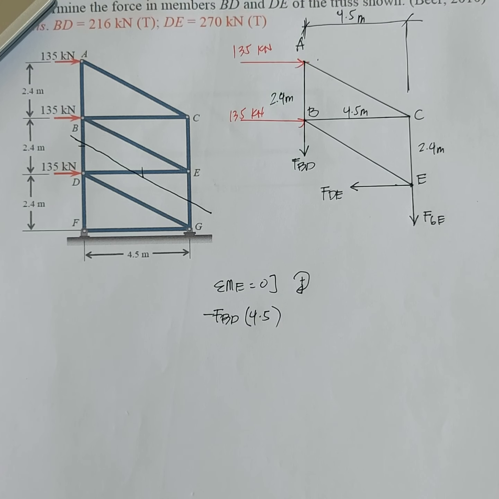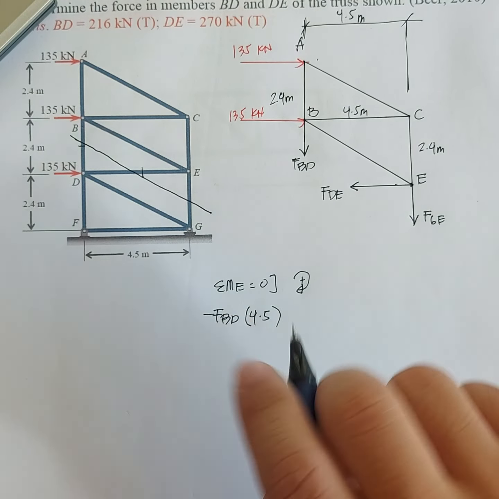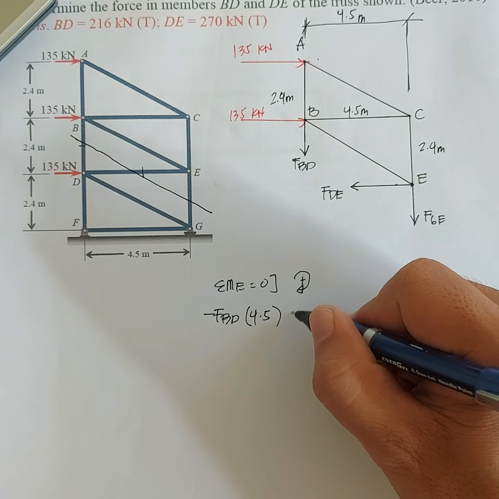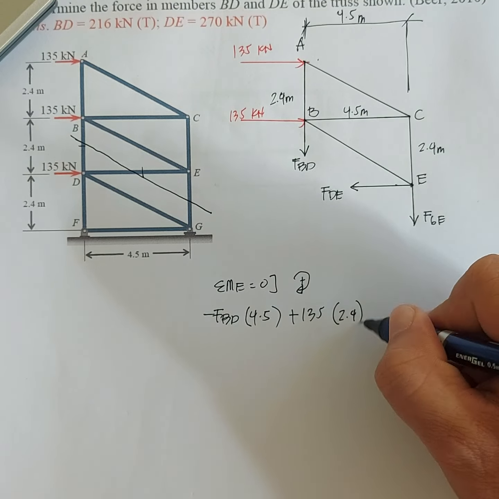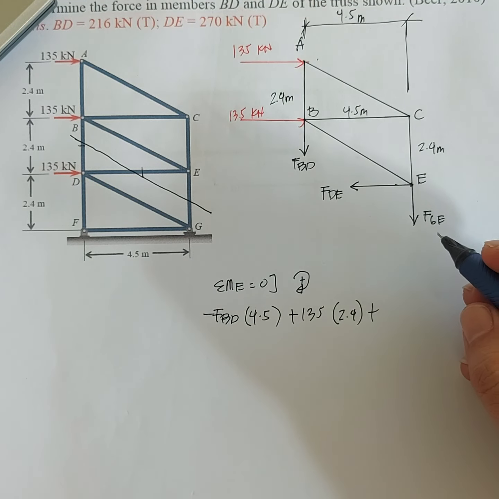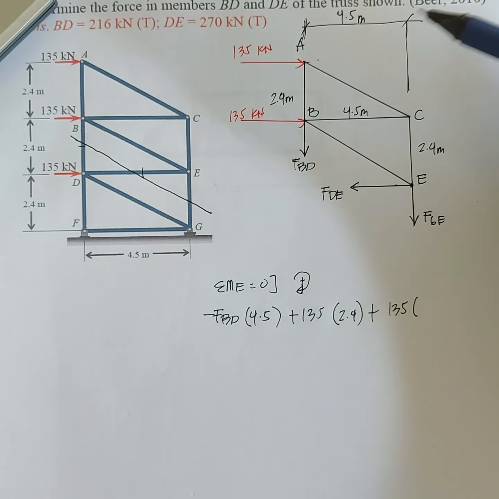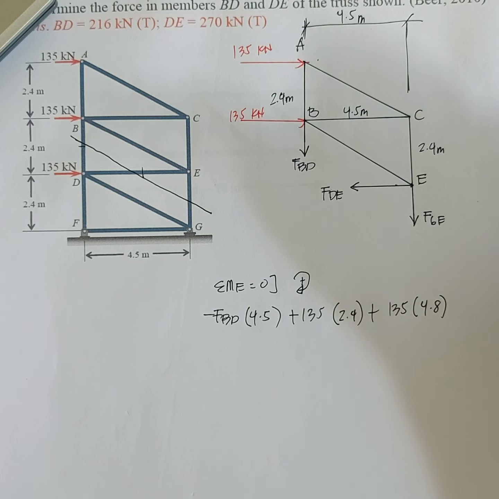Then, we also have the moments of the external forces, this 135. So, it's clockwise. So, plus 135 times moment arm is 2.4. Then, plus again, 135 also clockwise, times 2.4 plus 2.4, so it's 4.8 meters. What else? Wala na.